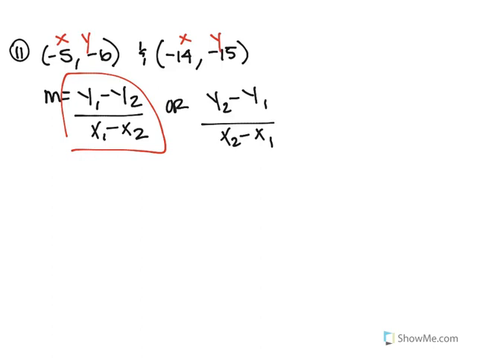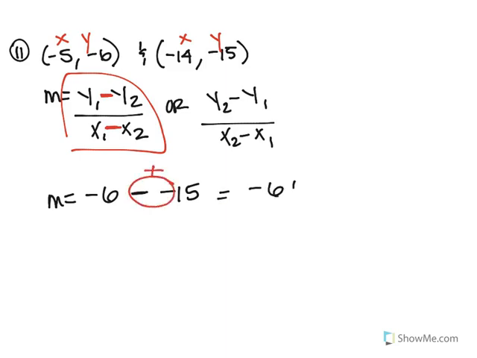You're going to just make sure those y's are on top and your x's are on the bottom. So you have on top your y's, -6, minus a -15. Keep in mind there was a minus sign already in the formula. So those two negatives will make a plus.